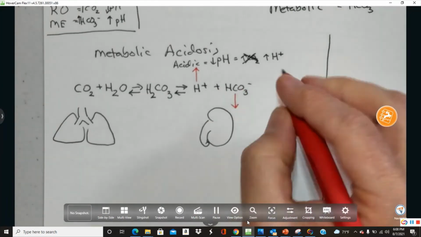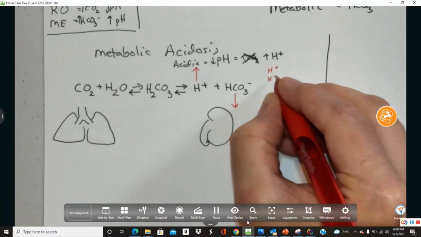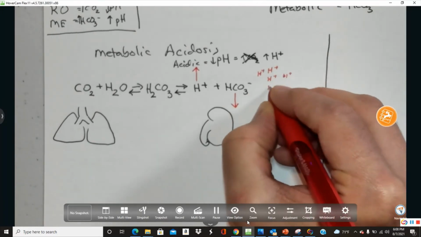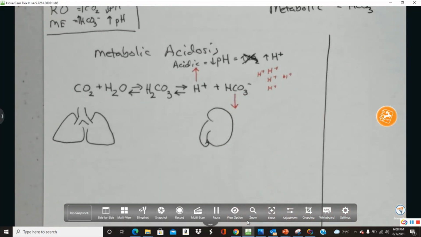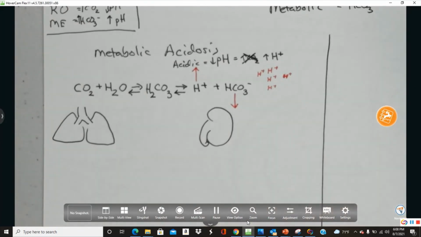If I'm making extra hydrogen ions constantly because I'm diabetic, then they're going to keep annihilating any bicarbonate that I have in reserve. And I'm just going to get rid of it. So I'm going to have very low bicarbonate. Of course, we have high hydrogen ions because we are impaired in metabolism.